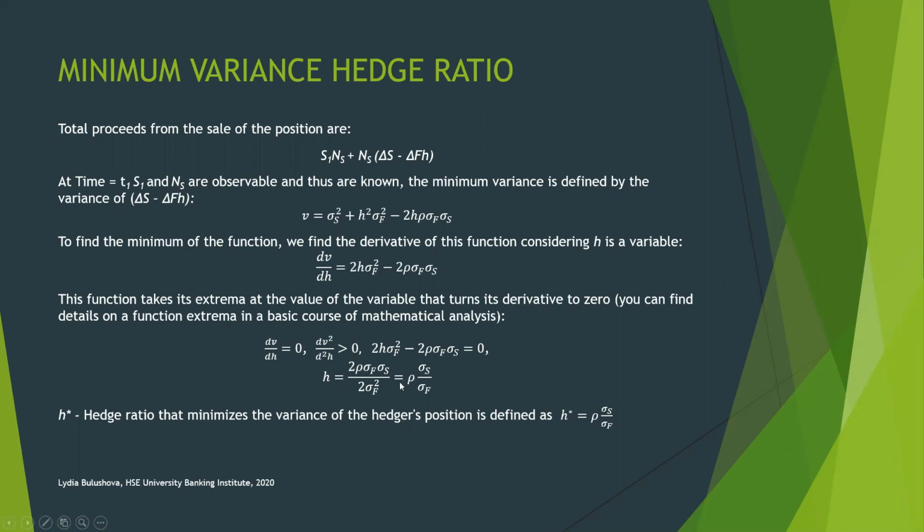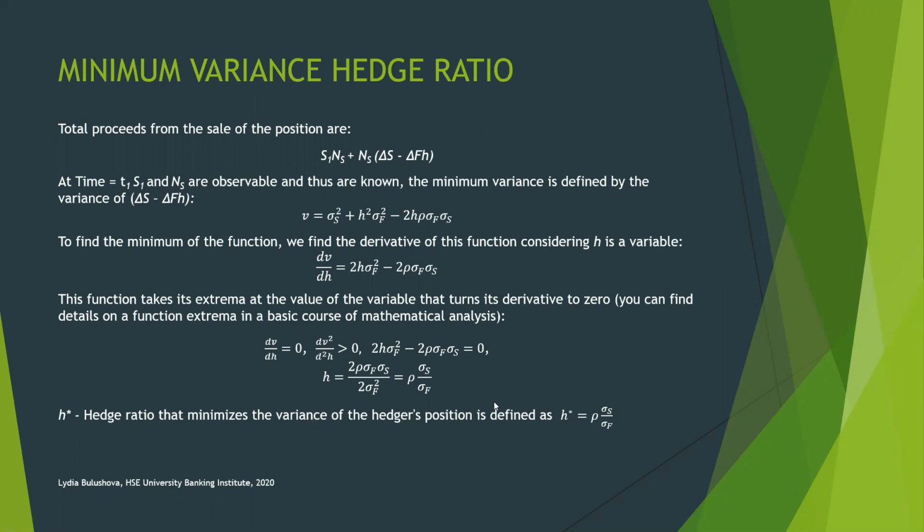Rho is market data, S is market data, volatility is market data, this volatility is market data. So to calculate the Hodge ratio that minimizes the variance of the Hodge's position, we just need to take this market data. Why do we have to recalculate the Hodge ratio during the life of the position?